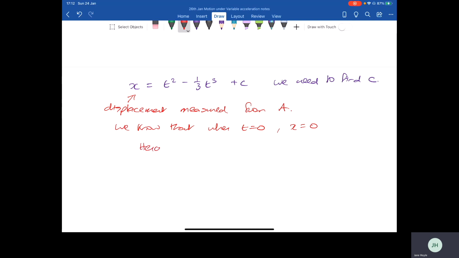So hence, if we sub those in, we can find the value of the constant.